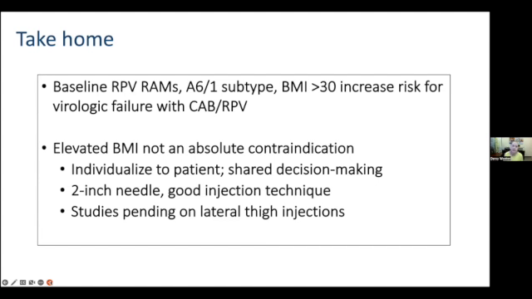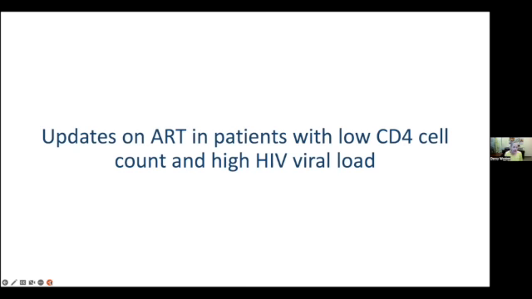There are some interesting studies pending and some that have already come out, but I am not smart enough to interpret them, that suggest different injection sites and techniques might be able to optimize and overcome this BMI issue. So that wraps up that segment on long-acting cabotegravir/rilpivirine. Any questions or comments there?